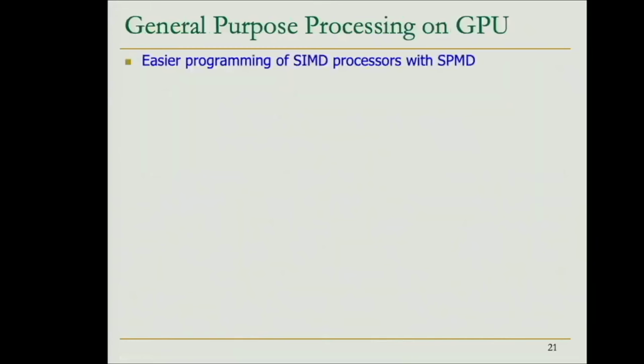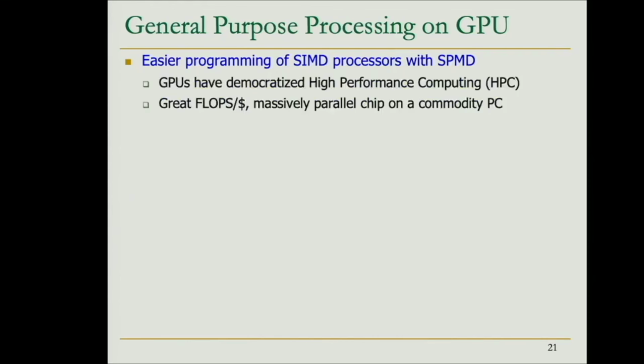This trend of general purpose processing on GPUs, as I said, started like 12, 13 years ago, and the most interesting contribution here is that it's easier to program SIMD processors with the SPMD programming model. We already discussed this SPMD programming model the other day.